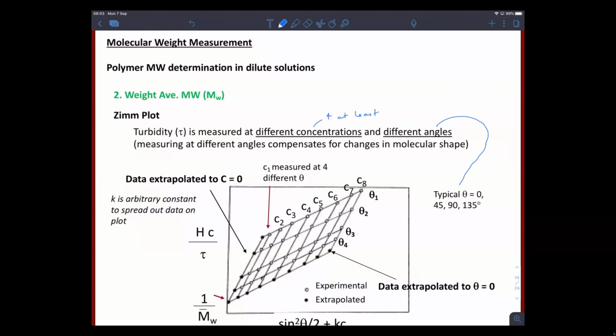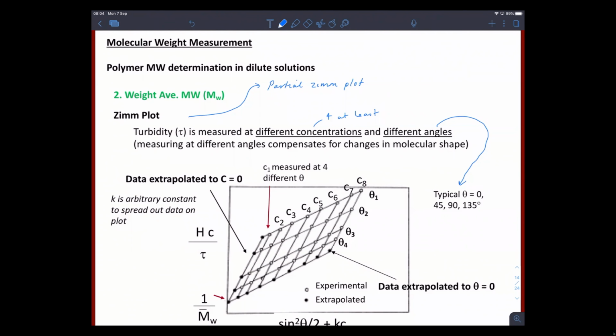Typical angles here are 0, 45 degrees, 90 degrees, and 135 degrees. Now, you can actually compute what they call a partial Zimm plot. It is created if only one concentration is measured. So it's not as accurate as a full Zimm plot, but you can still get a measurement from one concentration.